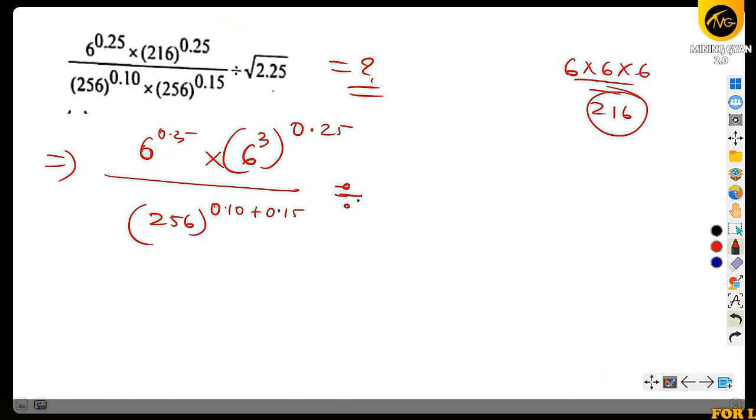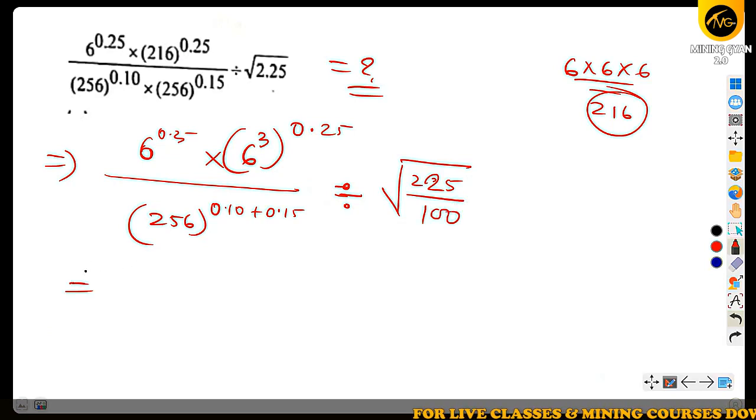Now divided by, we can convert the whole number 2.25 to 225 divided by 100, correct. Because we know that the root value of 225 is 15 and root 100 is 10.